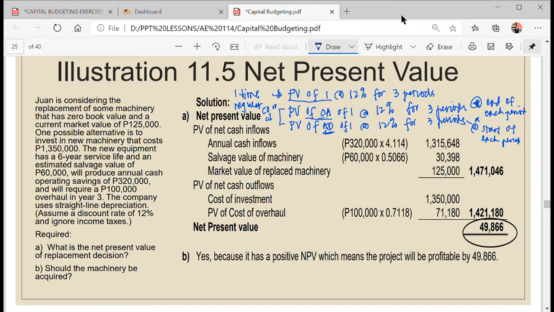So unsa may gamiton na present value of ordinary annuity or present value of annuity due? Ordinary annuity or annuity due? Ordinary annuity because at the end of the period.